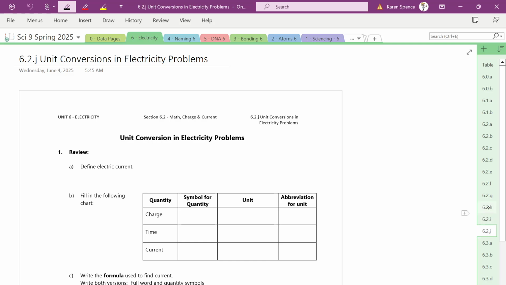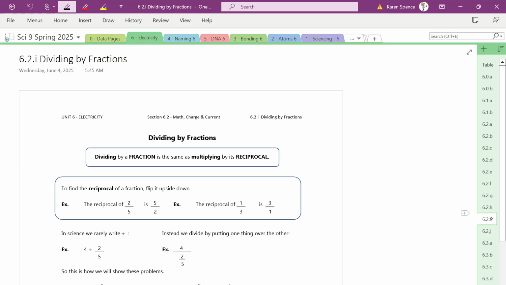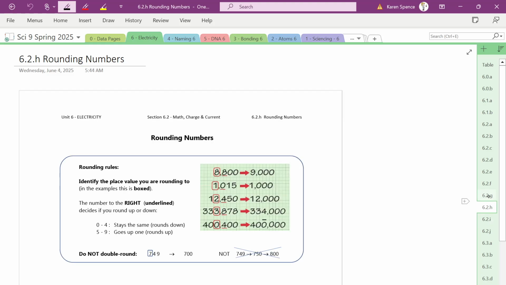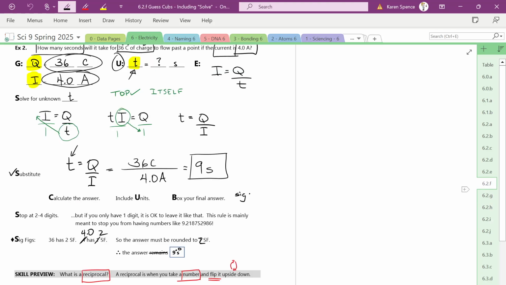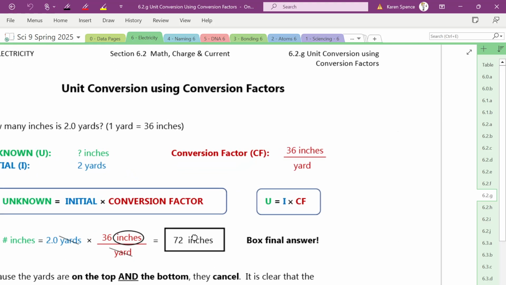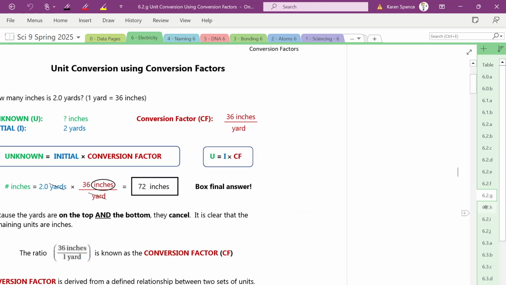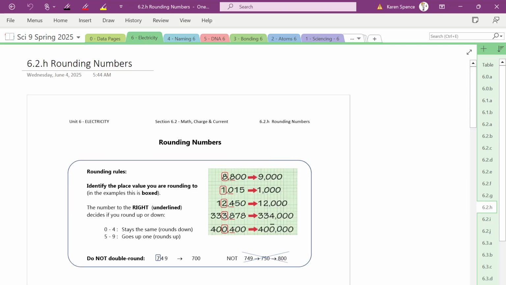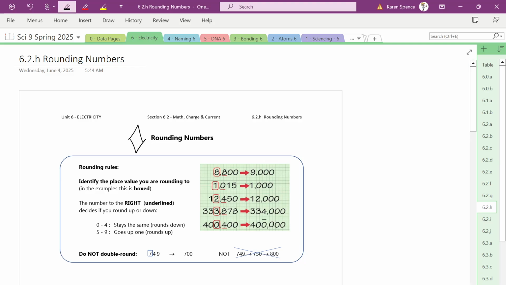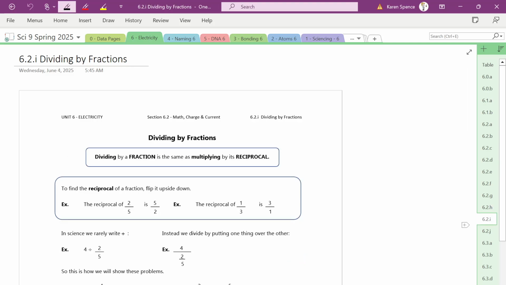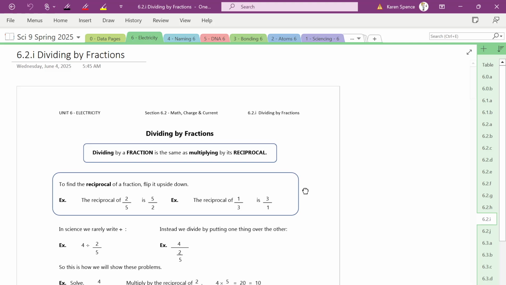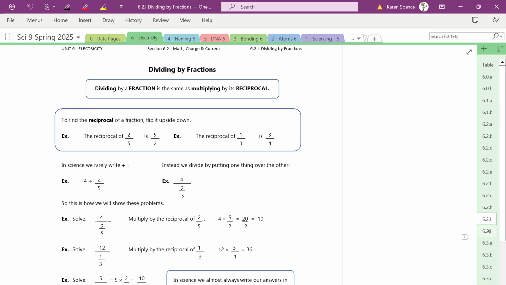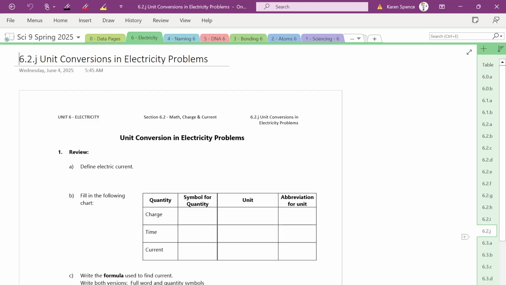If you get bored by some of that, and if you've been doing the unit conversions, if you did 6.2G unit conversions using conversion factors, you could also take a look at 6.2H rounding numbers. That's going to be an enriched thing, the rounding numbers. And dividing by fractions, I think if you know that, you know it. If not, you can take a look through here. So 6.2H, I and J if you want.